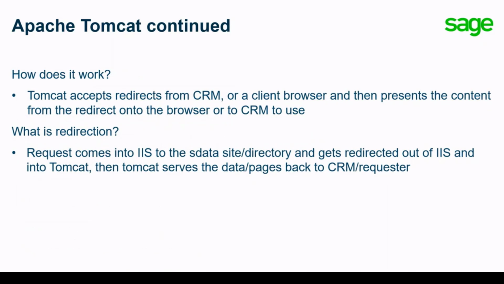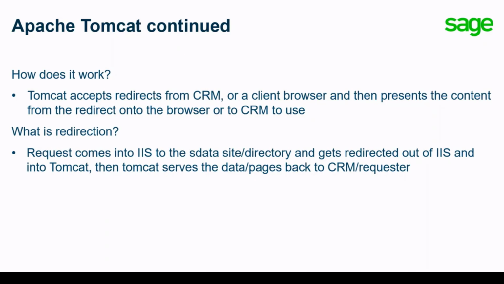Okay, so how does it work? Well, Tomcat accepts a redirect from CRM or a browser into the service, generates whatever the JavaScript page needs to generate, the content that you're looking for, and then sends it back either to CRM to display in the front end or sends it directly back to the client browser. Now, what is a redirection then?